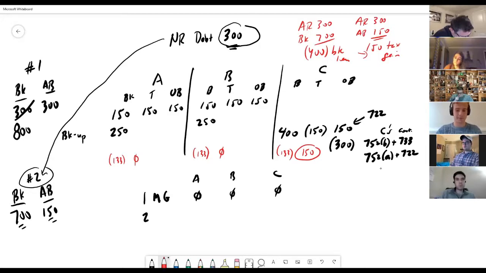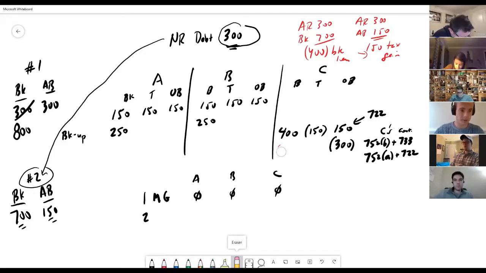Under the traditional method, we just stop there. And so the answer in tier 2 would be the amount of 704(c) gain that we allocated to the partners. If we sold property 2 for 300, the answer is C would get 150. A and B would get 0.